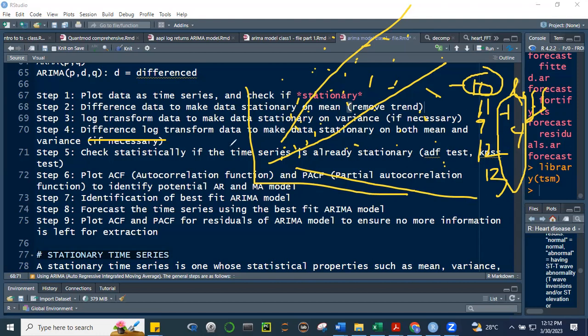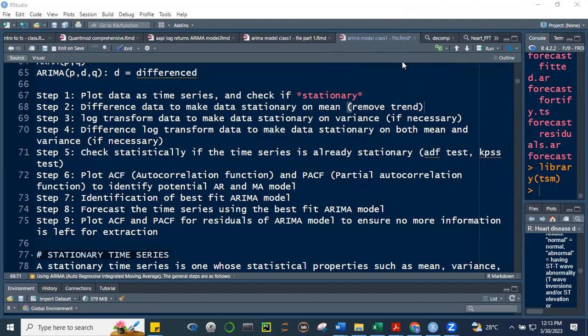Okay, and when you do that, class, mararemedy na yung pagiging non-stationary ng data natin. All right? So it's important that you have to convert your data first into a stationary data set before you can perform the ARIMA model.